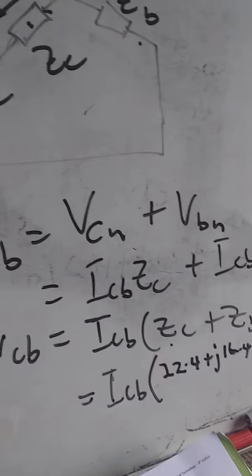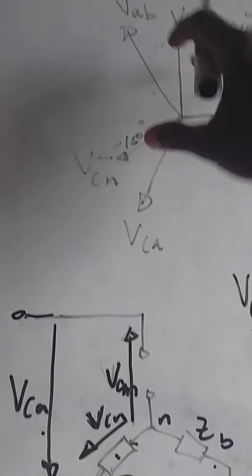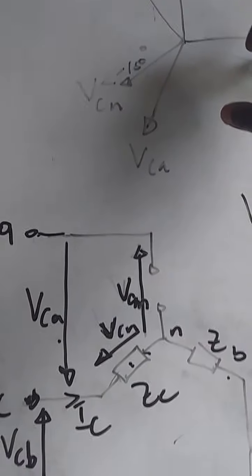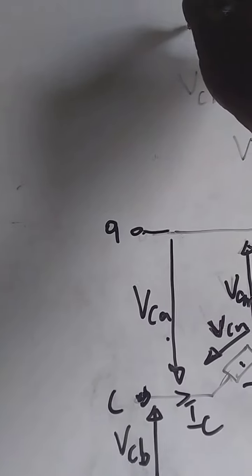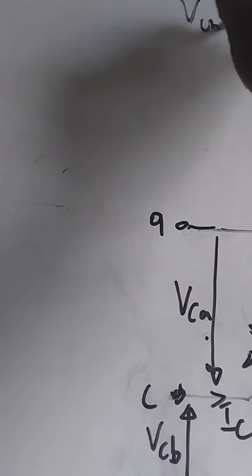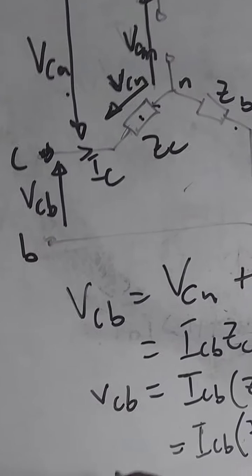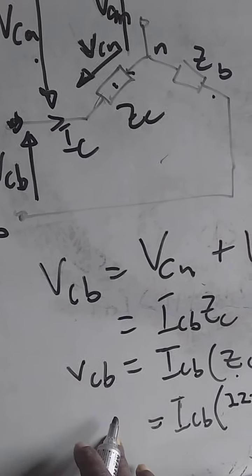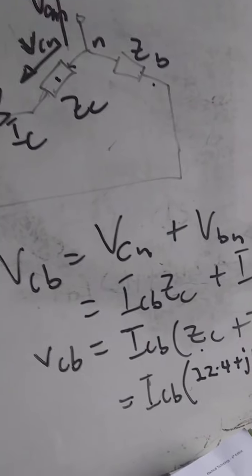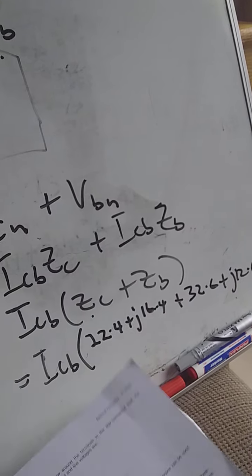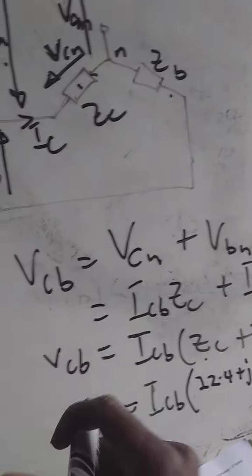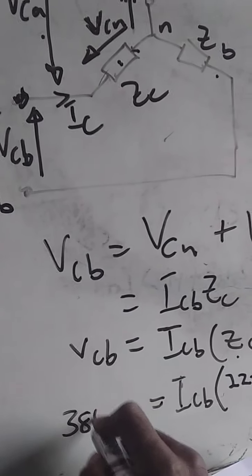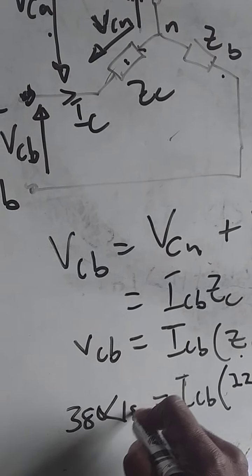Our VCB, you can look out for from the phasor diagram. If this is VBC, our VCB will be opposite, at angle 180 degrees. What is the magnitude of VCB? The voltage given to us, which is the line voltage, is 380 volts. So this is 380 at angle 180 degrees.